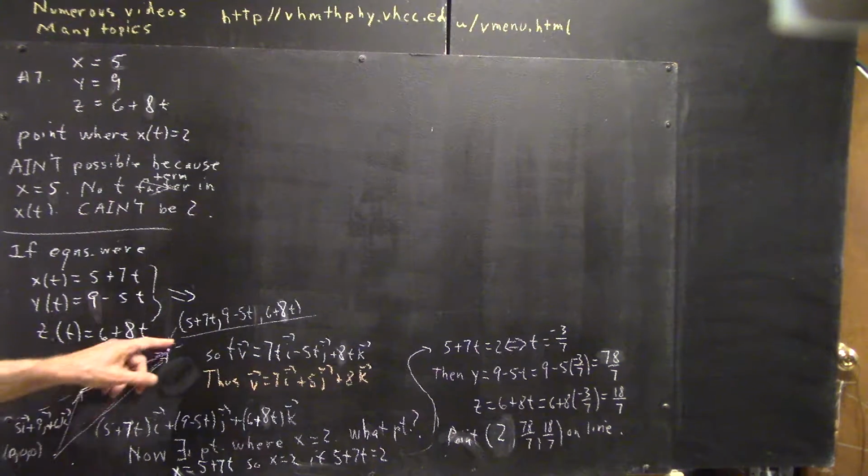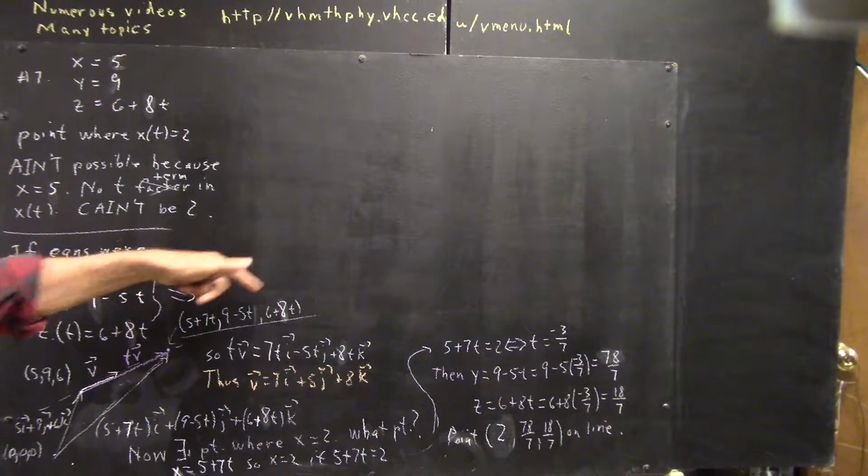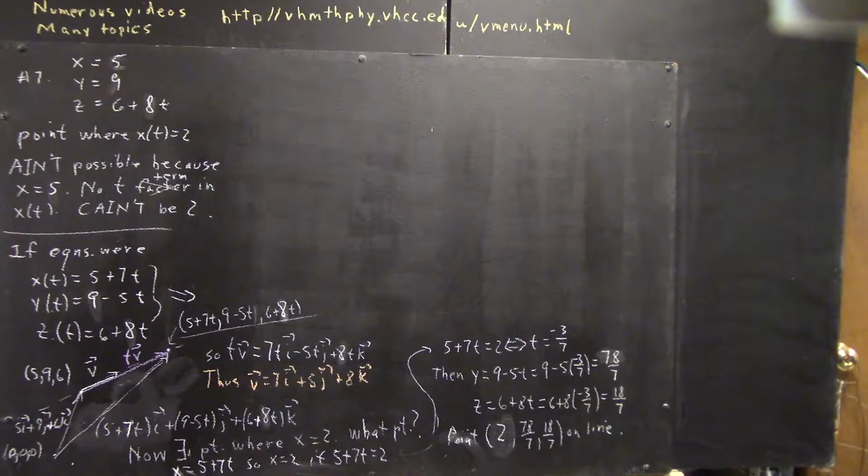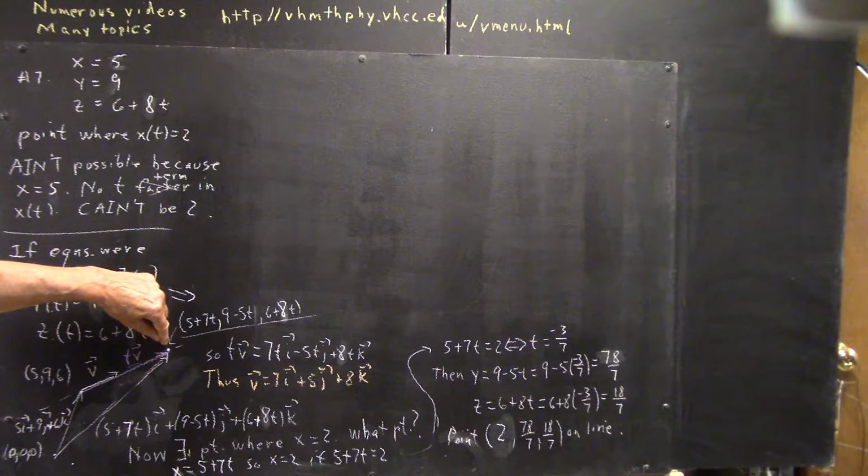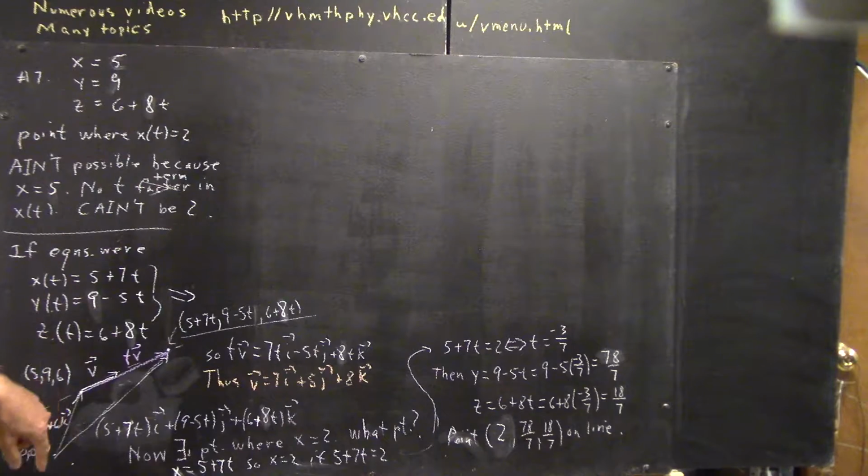Okay, so this vector corresponds to this point, well, there's the vector. We know this vector, 5i plus 9j plus 6k, the vector from the origin to the point we know on the line. So what's our vector v? Well, tv, the vector from here to here, is just this vector minus this vector.